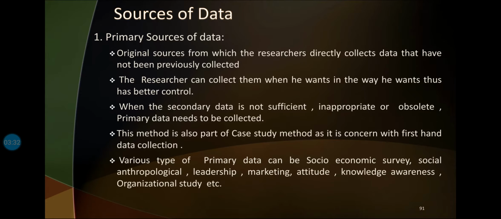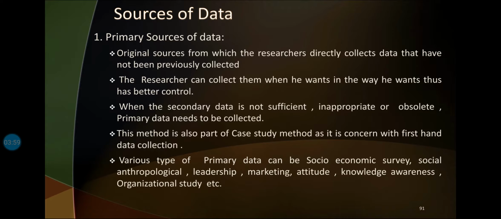Now we will move ahead and discuss the two parts of data that are called the sources of data. Primary source of data: the original source from which the researcher directly collects data that have not been previously collected. The researcher can collect them when he wants and in the way he wants, and thus has better control over it.